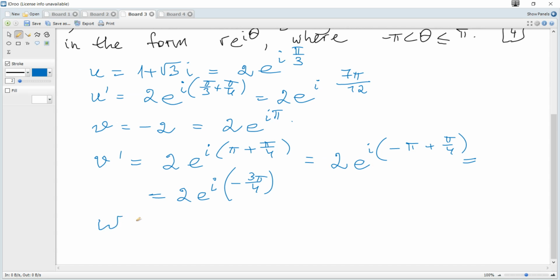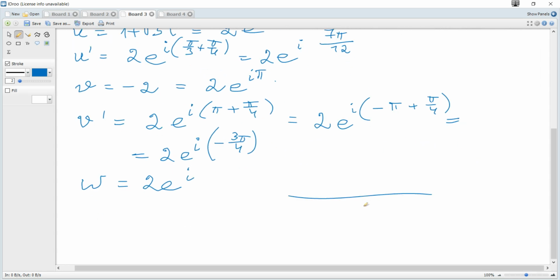And finally W, it's 2 e to the power i, and it's also 60 degrees, but in the clockwise direction, so it can be represented as negative pi over 3, or as 300 degrees positive, or you may represent it as 2 pi minus pi over 3. It doesn't matter.